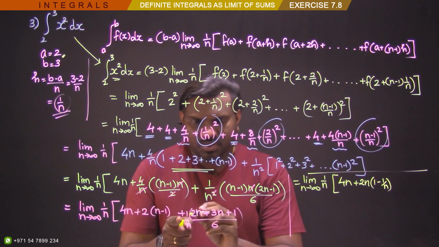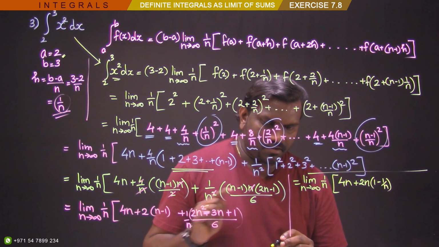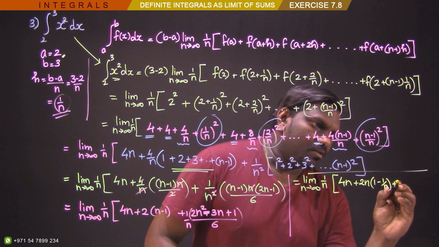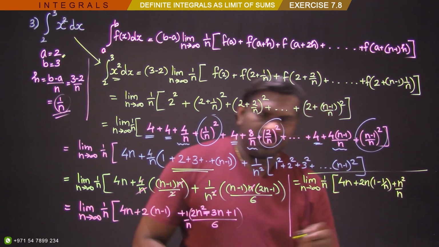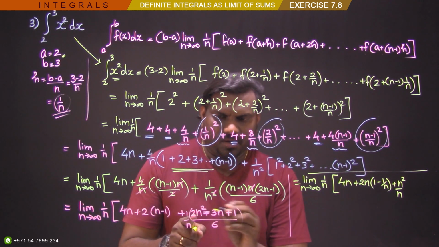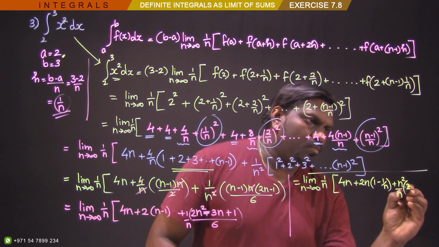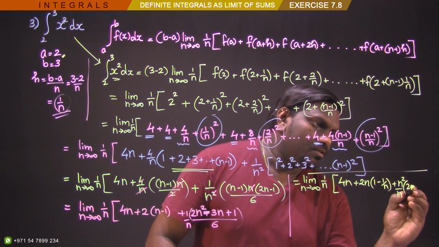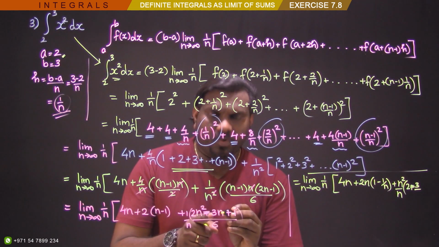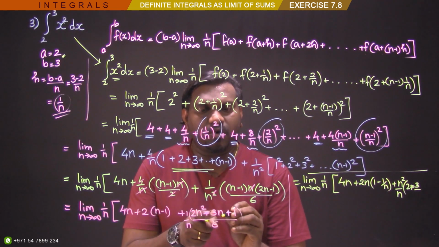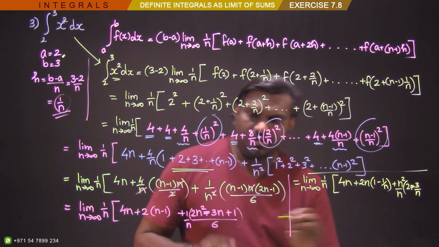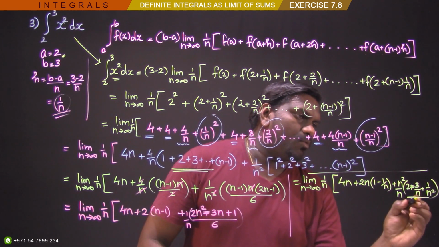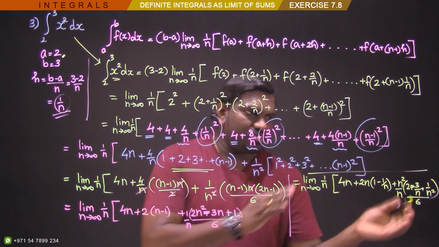Then if I take n square outside, what I'll be getting here is 2 plus 2, not plus 2, minus 3 by n, plus 1 by n square, dear, by 6.